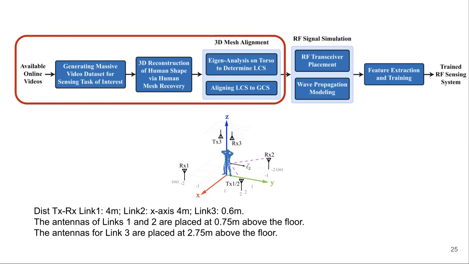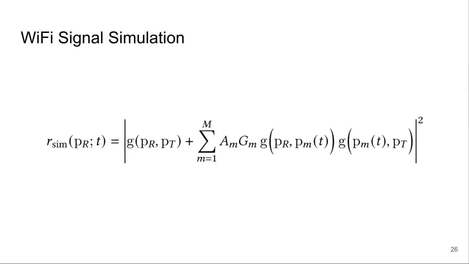The antennas of links 1 and 2 are placed at 0.75 meters above the floor, and the antennas for link 3 are placed at 2.75 meters above the floor.